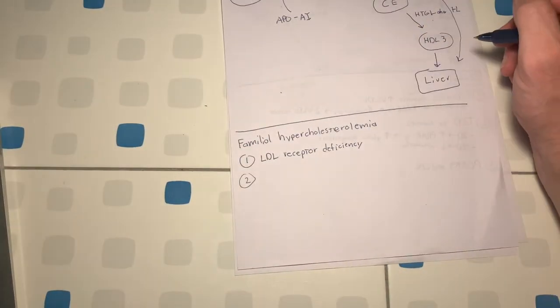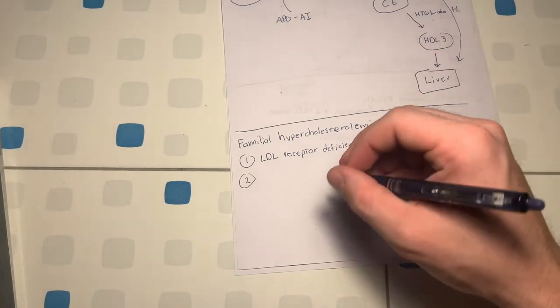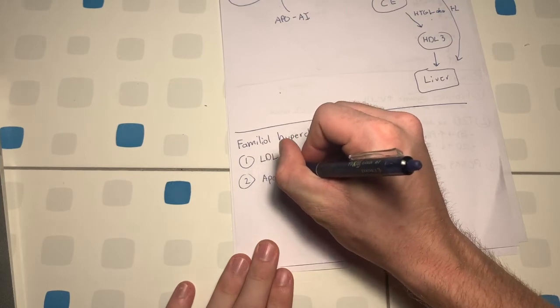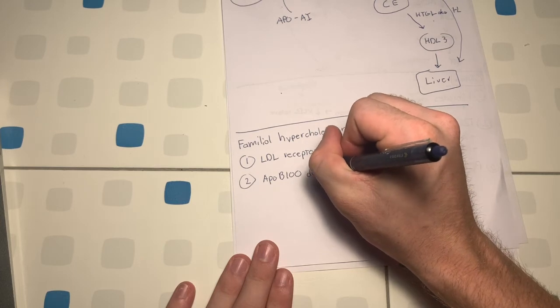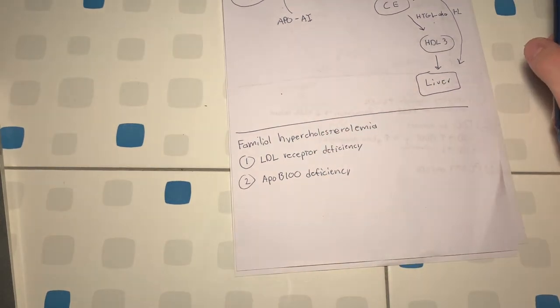The second cause of familial hypercholesterolemia could be an absent or defective ApoB100. Now recall that ApoB100 is the structural protein behind VLDLs.